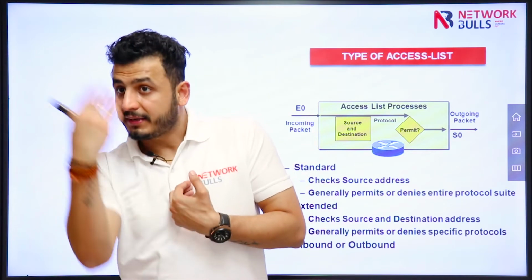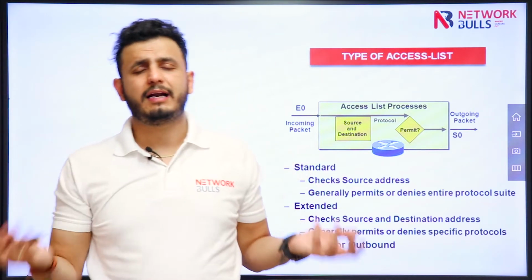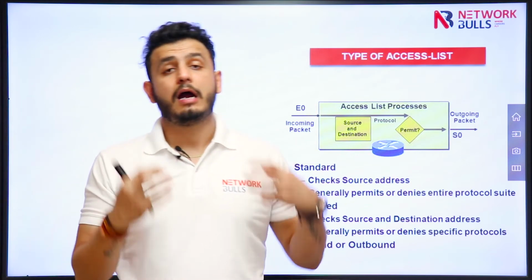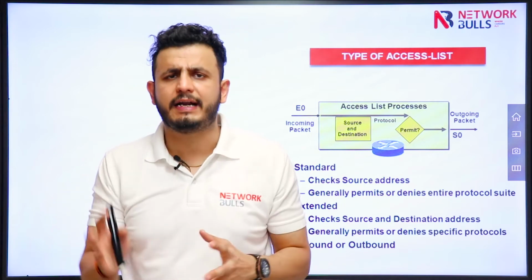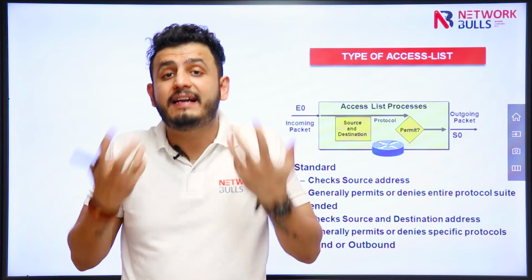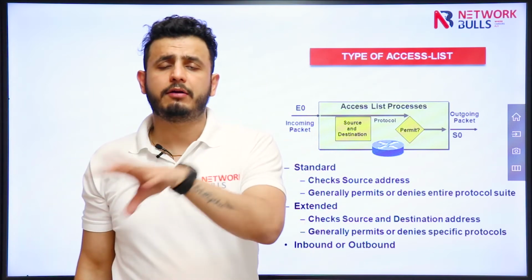And if Piyush is communicating with Y, source is Piyush, destination is Y, source port will be random, destination will be like it is an HTTP server, protocol will be TCP and port will be 80. So you can see here we have different type of content for both of the communication. So in case of extended ACL, we can permit or deny one particular source.